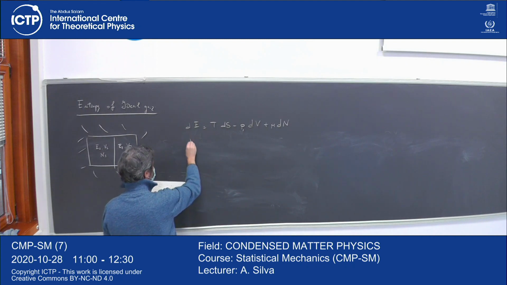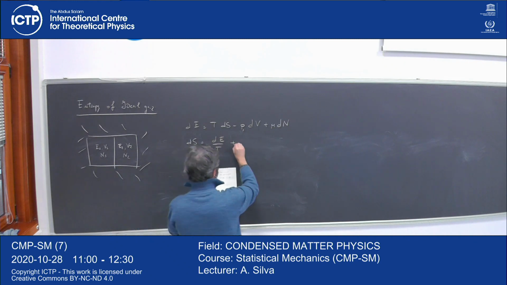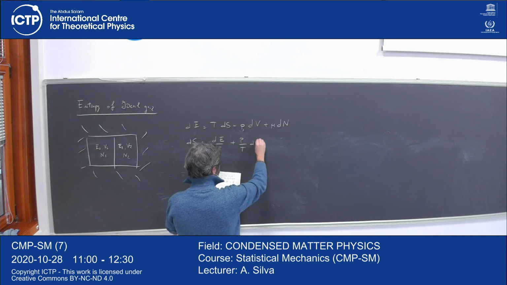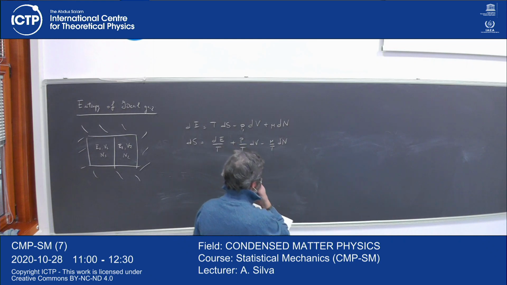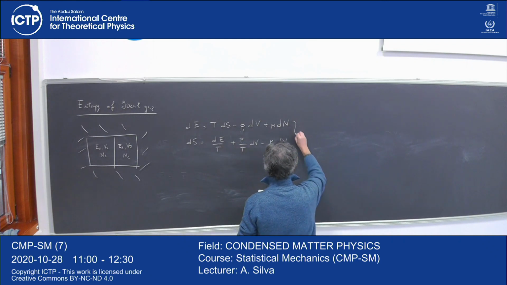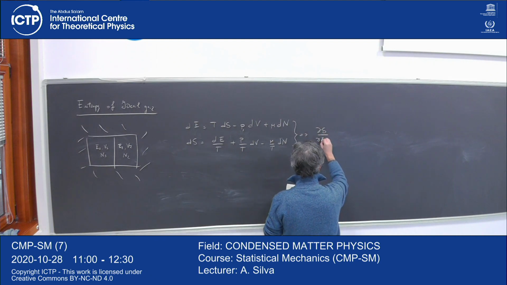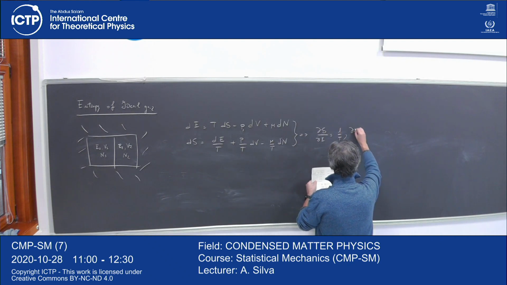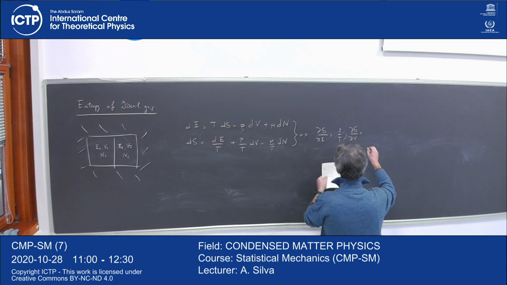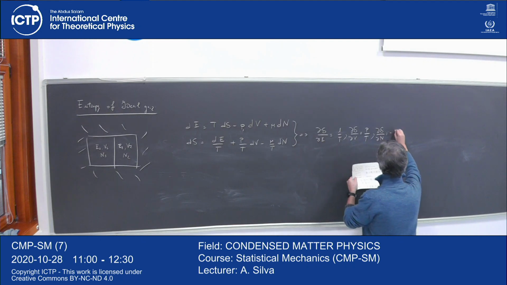And therefore dS is equal to dE over T plus P over T dV minus mu over T dN, which therefore implies that dS/dE is equal to 1 over T, dS/dV is equal to P over T, and dS/dN is equal to minus mu over T.